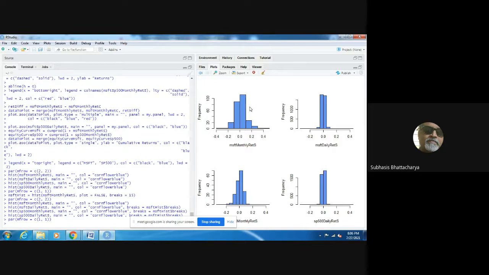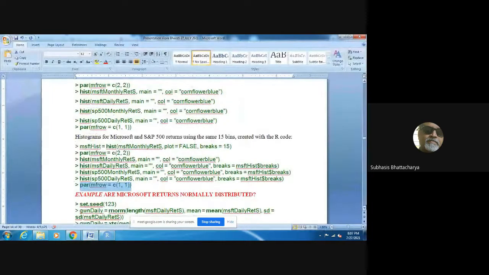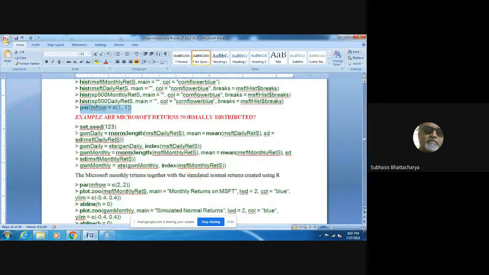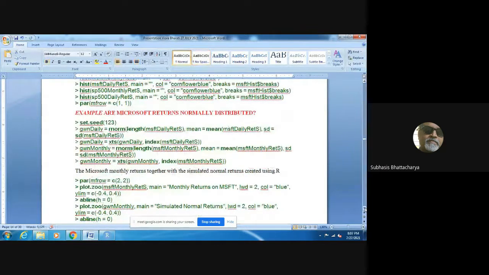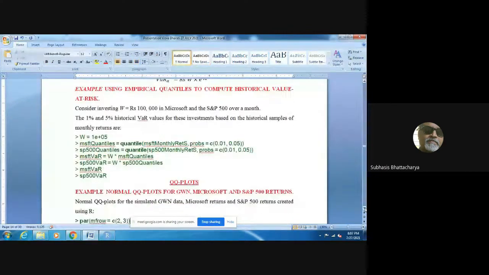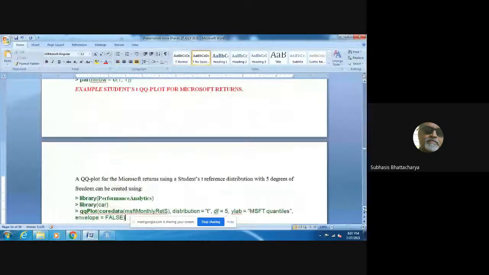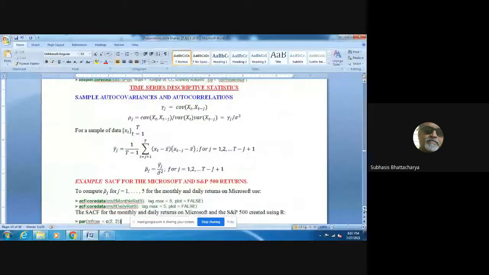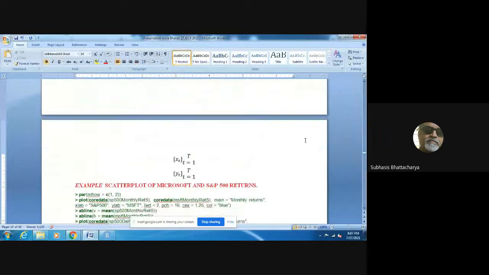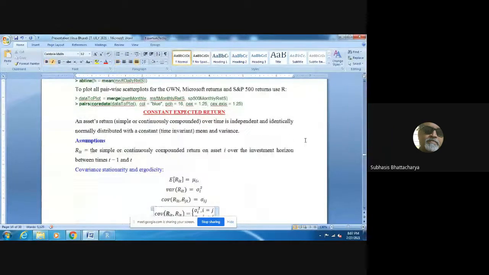I am not going into this because we are facing a time constraint already, it is 8:07, and you have been listening to these things for so long. There will be QQ plots, box plots, everything, time series autocovariances, finding the ACF, and so on.